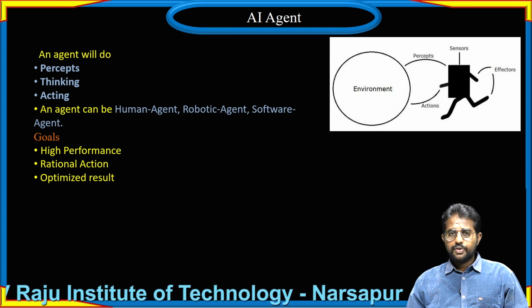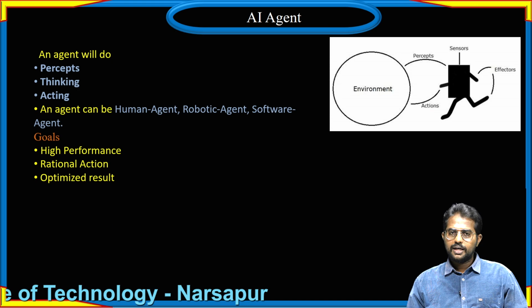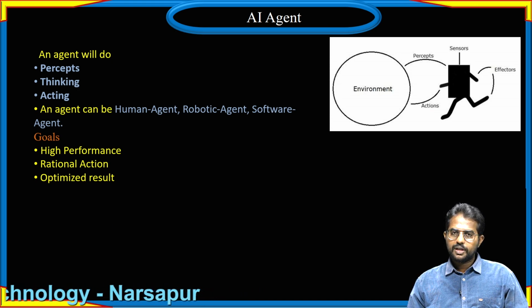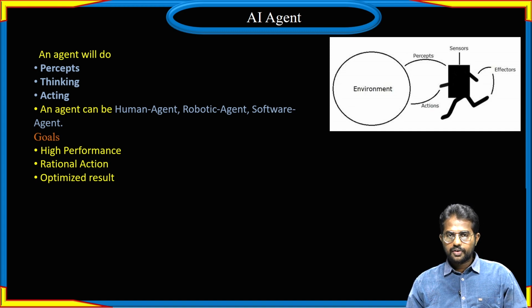That agent will collect the temperature at each and every corner of the environment, and if at any part of the room the temperature is greater than 45, it will switch on the AC. Reading that data is called perception.